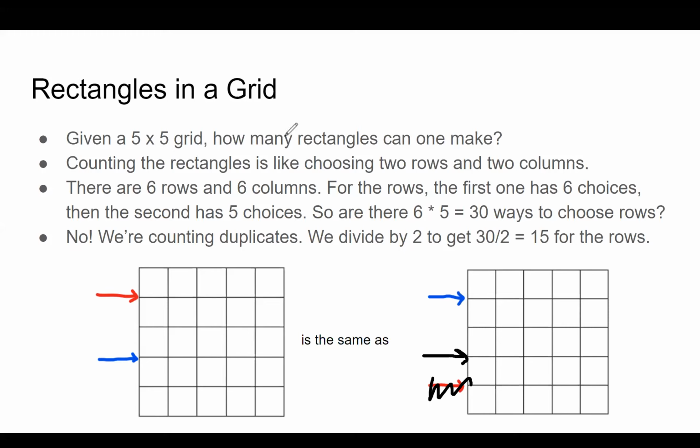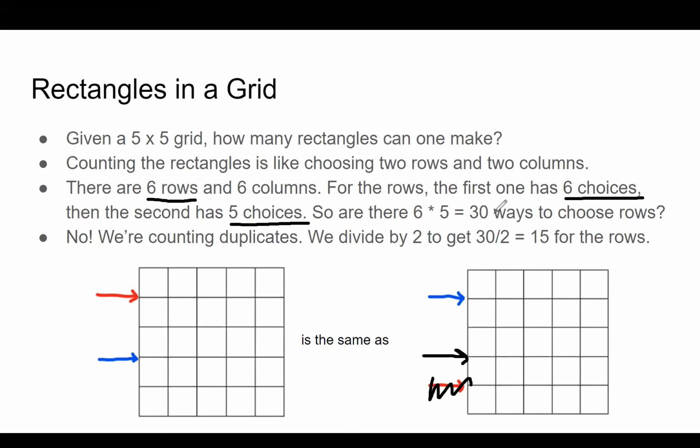To choose 2 rows, there are 6 rows, so the first one has 6 choices, and the second one has 5 choices. So there's 6 times 5 ways to choose the rows.